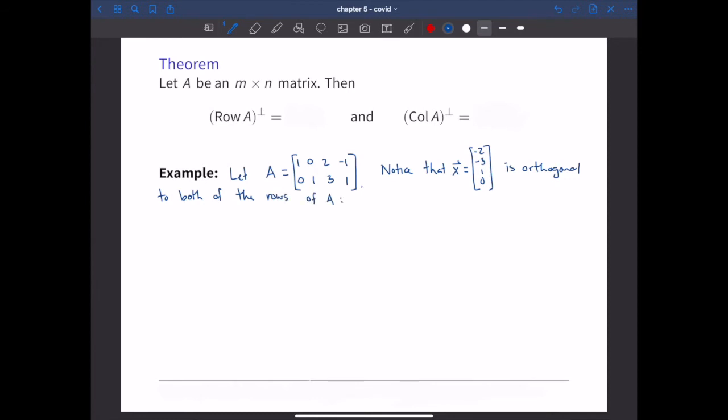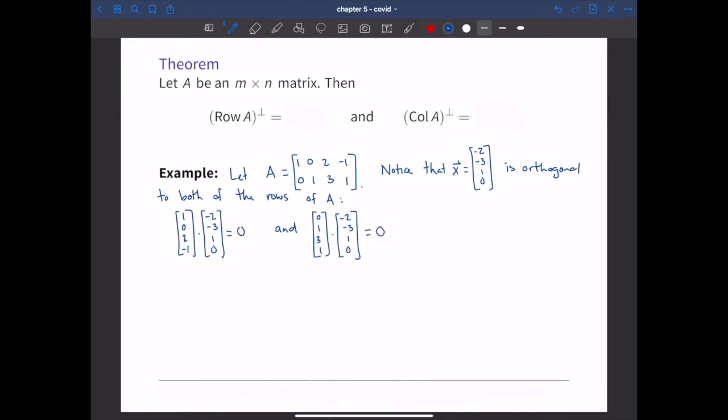Okay, so in other words, if I take the first row of A, which is 1, 0, 2, -1, and I take the dot product with this x vector that I've pulled out of nowhere, -2, -3, 1, 0, notice I'm going to get 0. And likewise, if I take the dot product of the second row, 0, 1, 3, 1, with our vector x, I'm going to get 0.